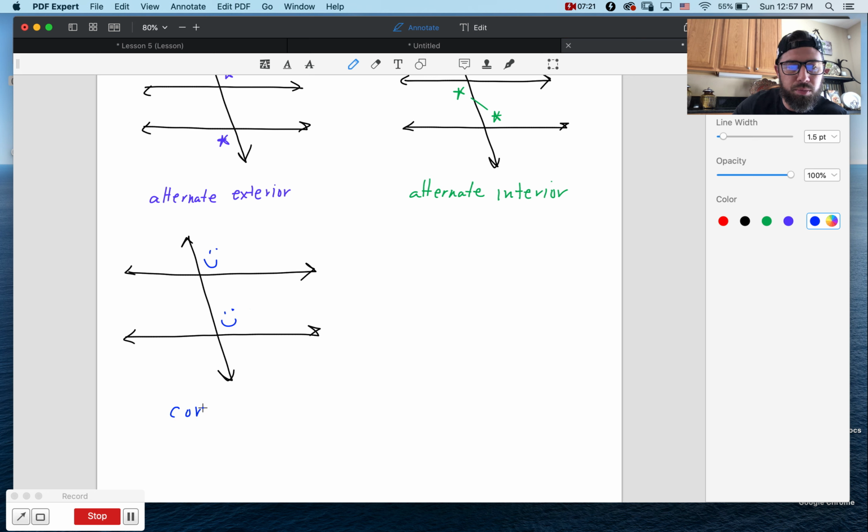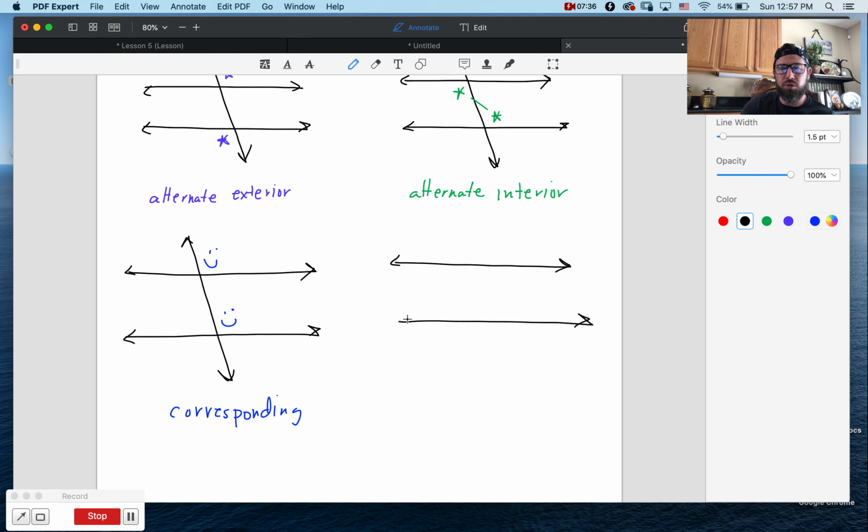These guys are called corresponding. And you just need to learn these, and I'll show you another pair of corresponding, and hopefully you can figure out your own pattern on which ones are corresponding and why. There are so many different pairs of corresponding angles, but these guys could be corresponding like here and here.